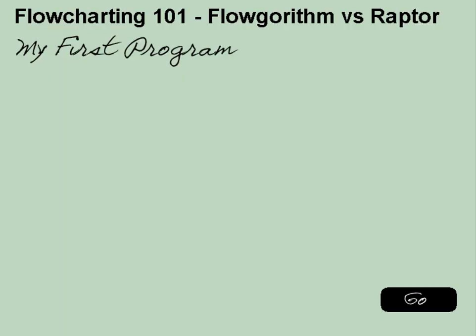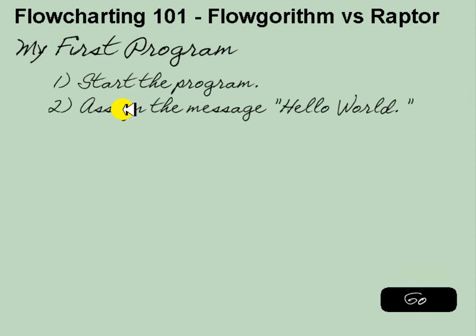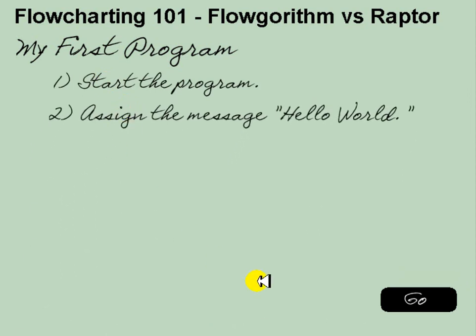This could be your first program that you've written. To start this program, we're going to want to assign a value to a memory location, and we're going to put in that memory location Hello World.